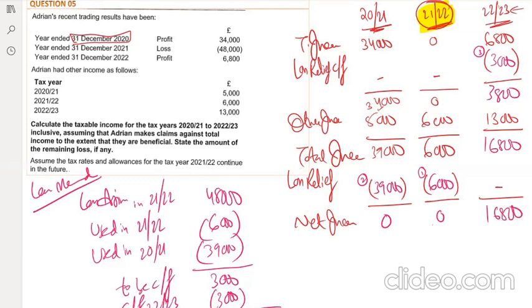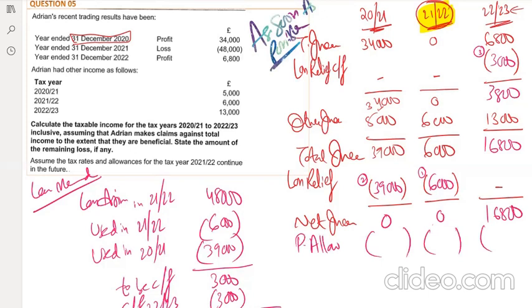Till here, do you have any doubts? We solved it assuming as soon as possible, right? Okay. Now, after net income, we have personal allowance. How much personal allowance do you have? You remember? 12,570. Okay, so taxable income will be here.